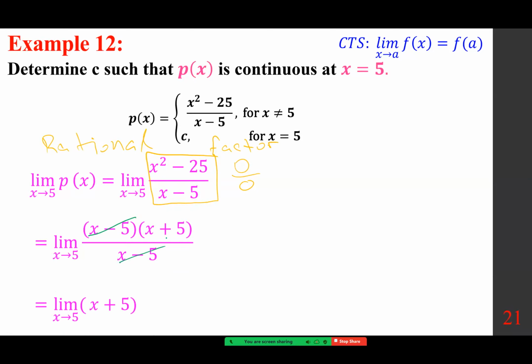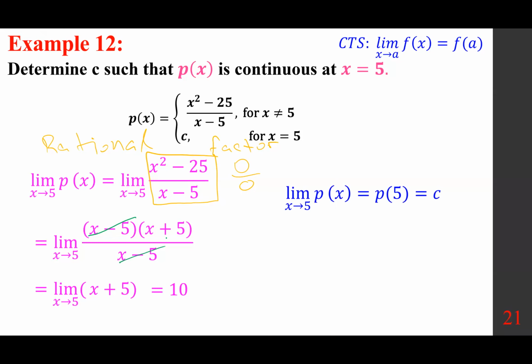The x minus 5 cancels out, and if you plug in 5, you get 10. So we found the limit of p of x as x approaches 5 to be 10, and for it to be continuous it must be equal to p of 5, which is c. Therefore, c must be 10.